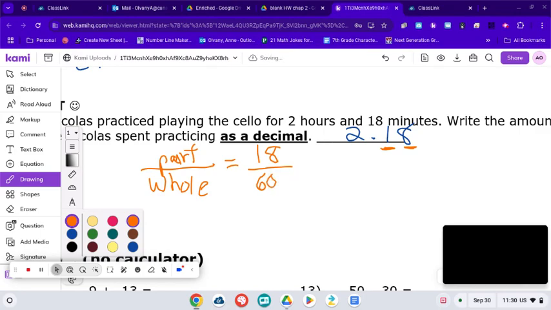So what we really have here is 2 and 18/60ths. And now type that into your calculator. Second, mixed number, 2, arrow, 18, arrow down, 60, arrow over, double arrow. You should get 2.3.